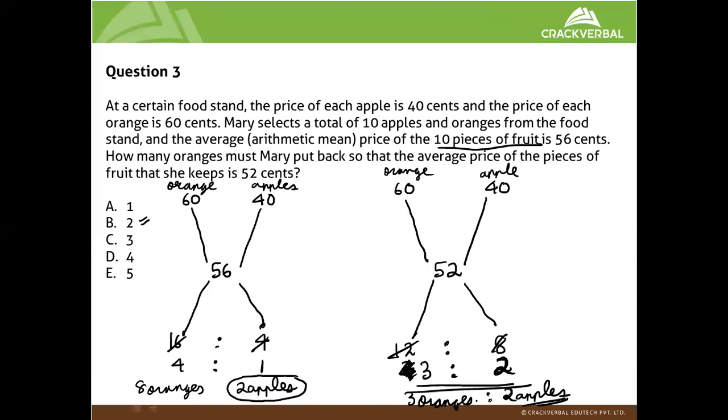So the ratio here is 3 oranges to 2 apples. First time she picked up 8 oranges, and the second time she has only 3 oranges left, so the number of oranges she keeps back is going to be 5. So the answer here is E, 5.